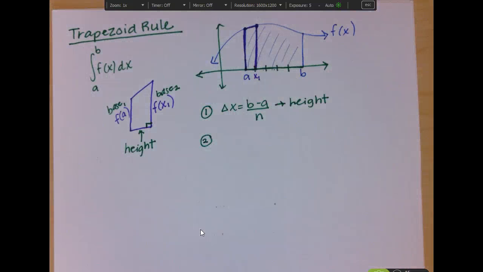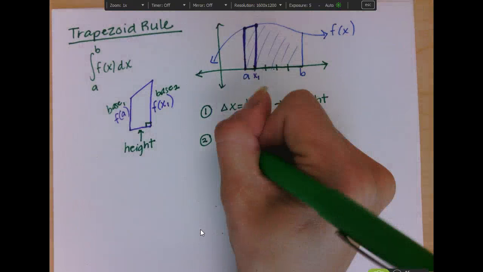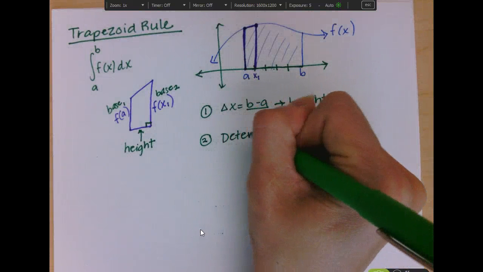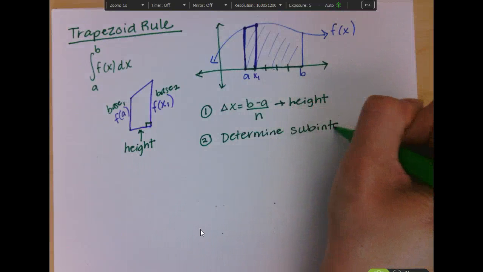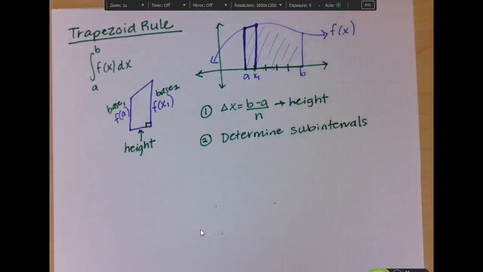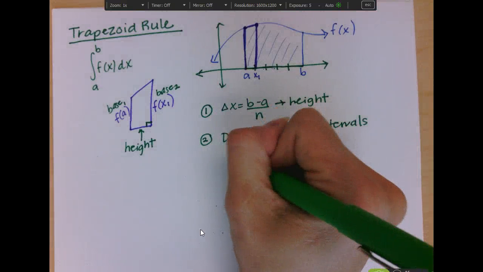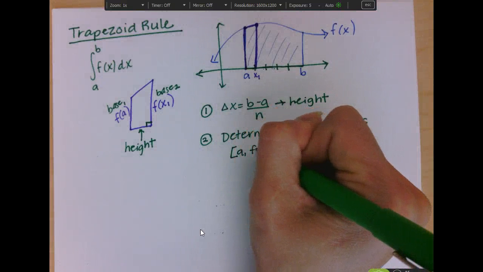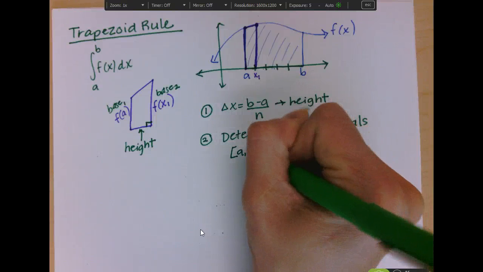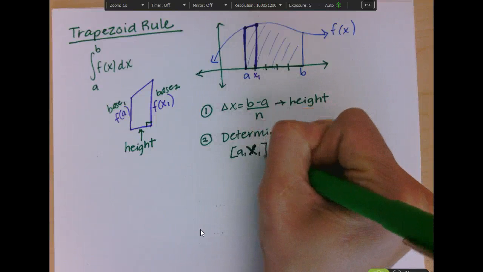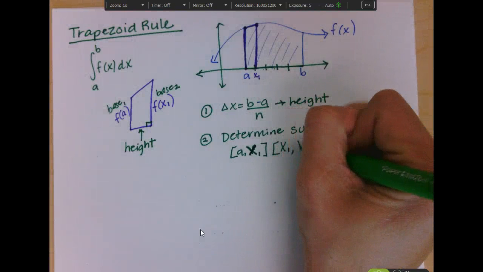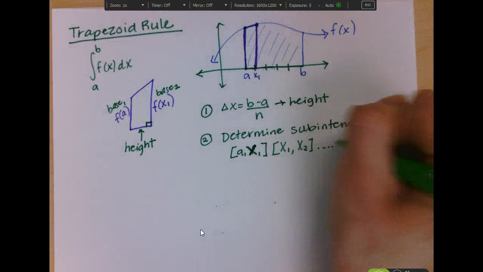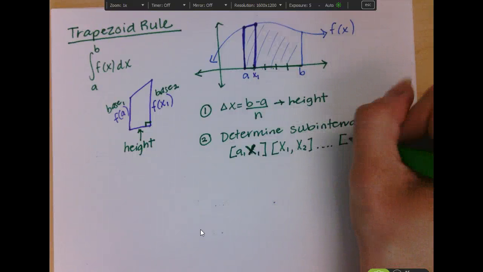Alright, so then I can figure out what my subintervals are. Just like in the midpoint rule, once I know my delta x, I can figure out my subintervals, and I have n number of them.